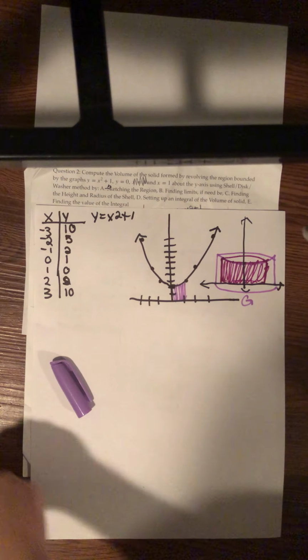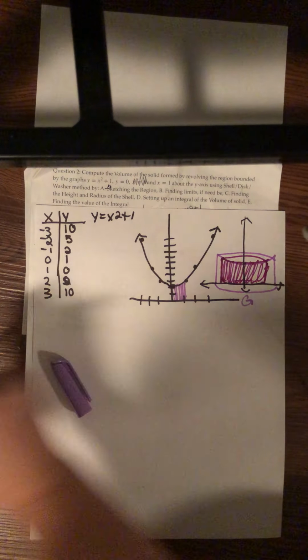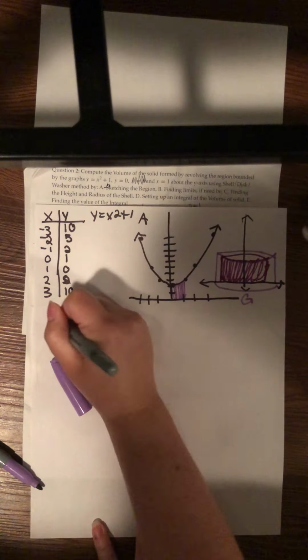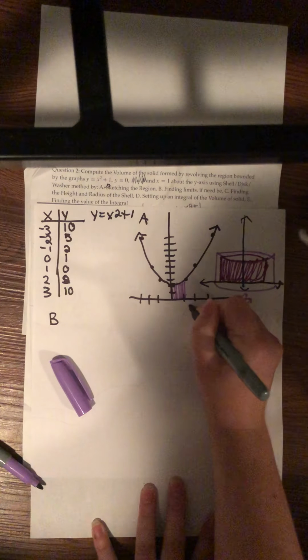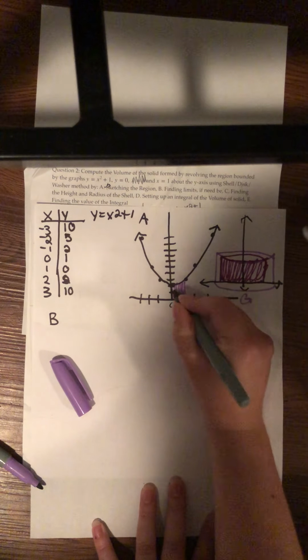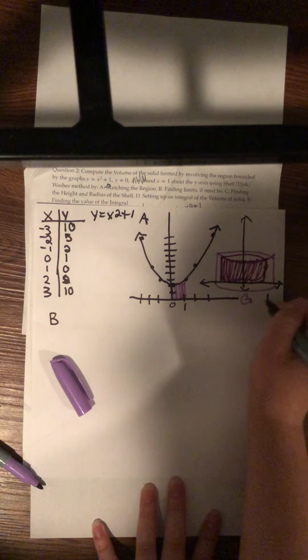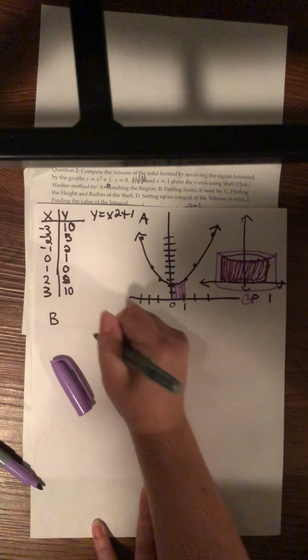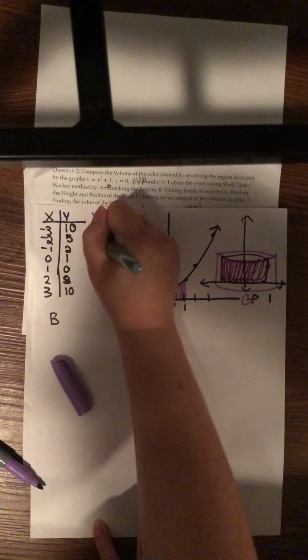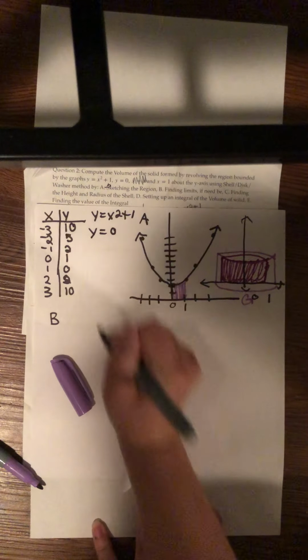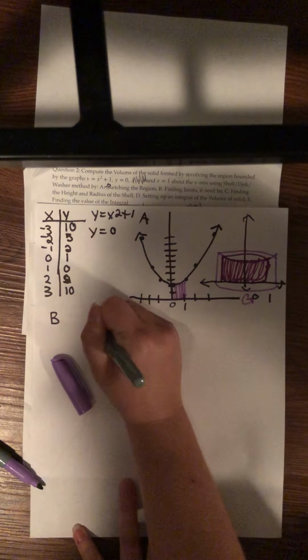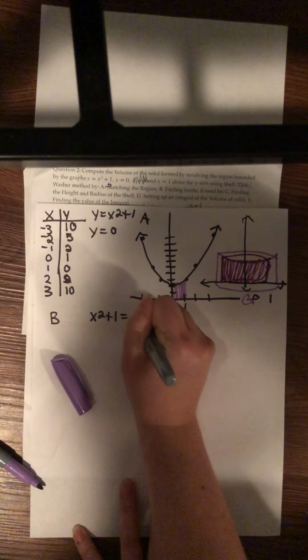Now for part B, we're going to find our bounds. Now, we know that since right here is 1 and here is 0, that's our bounds. But we could also use the two equations that are given to us, y equals x squared plus 1 and y equals 0. And we set them equal to each other to find the intercept.